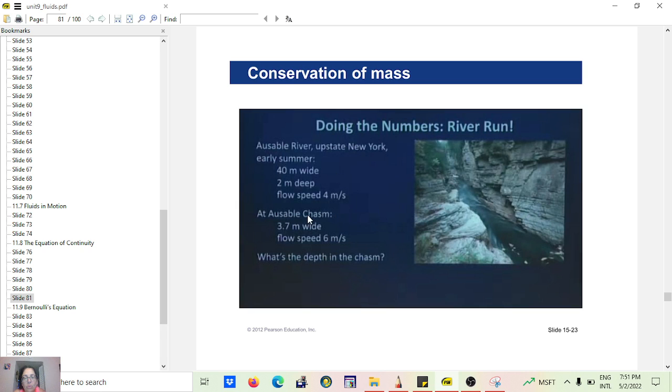And they want you to use the previous example, it comes from Pearson, the previous equation, the equation of continuity, to find how fast, no, we know how fast, but how deep the gorge is, right? So you know how fast it's going.